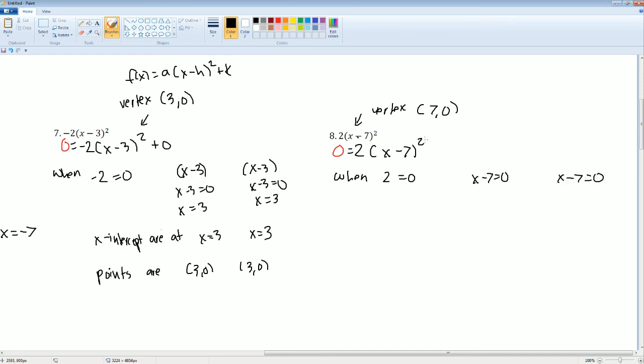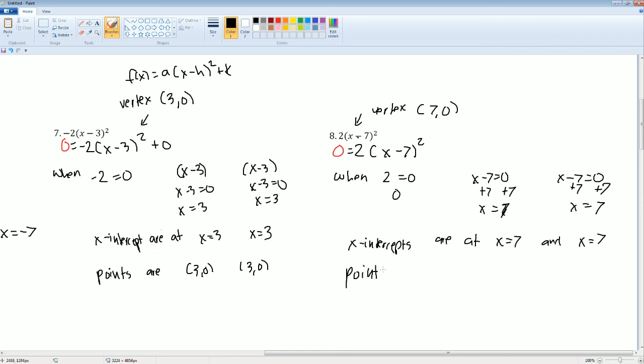I do this twice because of the squared. So x is equal to 7 plus 0, which means x equals 7. So your x-intercepts are at x equals 7 and x equals 7. The points are 7 comma 0 and 7 comma 0.